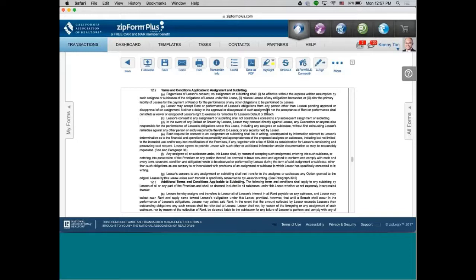What that means is, although the new tenant might be paying rent already, in the meantime they still have not given the written approval yet. It doesn't mean that they cannot change their mind and say, all right, your request is disapproved, and then refund the previously received rent payments, and your buyer still does not get the lease. Okay, that's all it means.